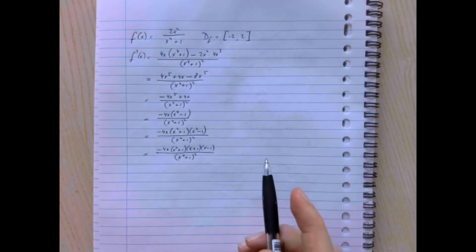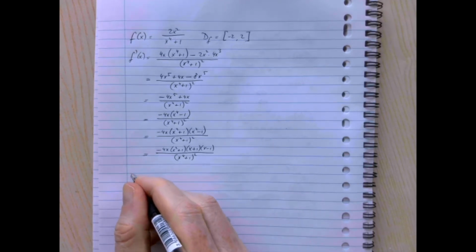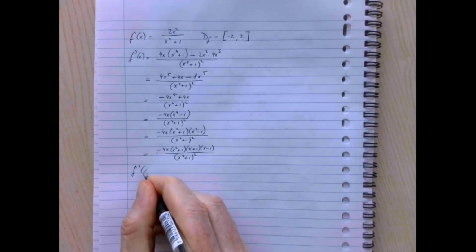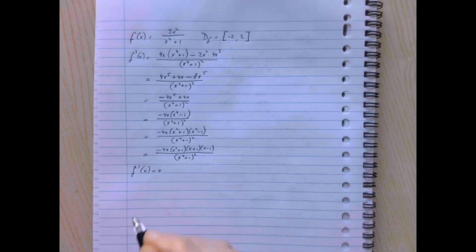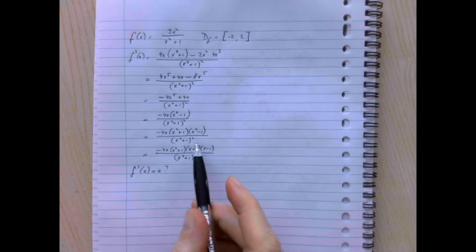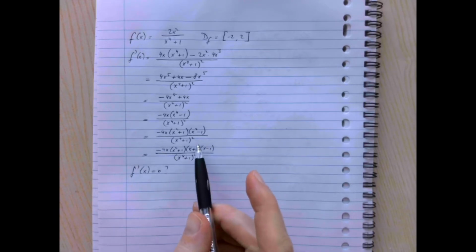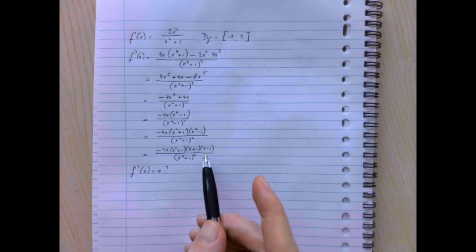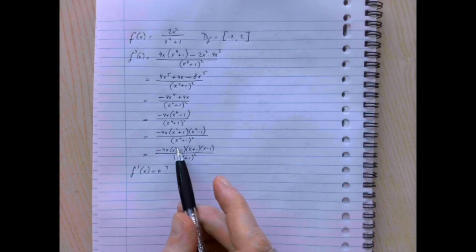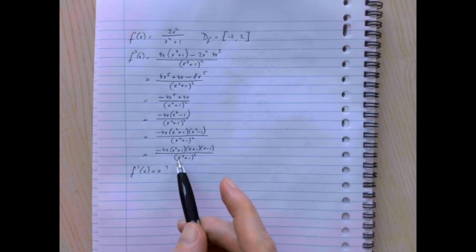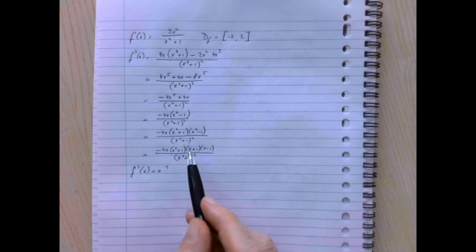And now we can actually read off from this. We asked for the stationary points, so f prime of x equals 0. Well, just need to figure out when any of these factors in the numerator is going to be 0. So this one I already told you is never going to be 0. It's always going to be bigger than 1. Same way for the denominator. But each of these three factors can be 0.